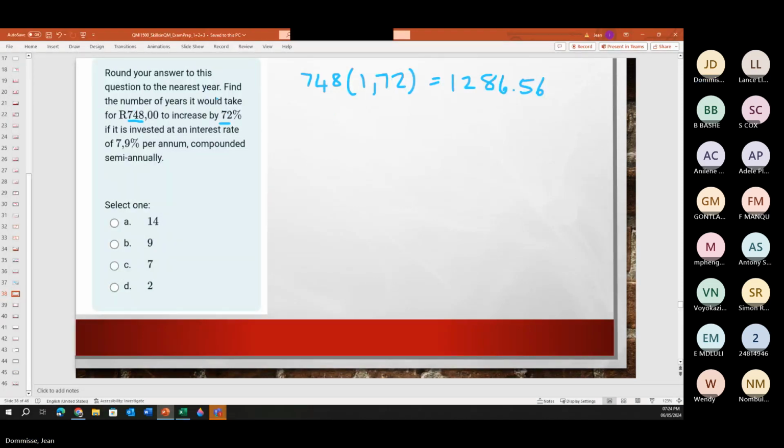Okay, so they tell us to find the number of years it will take the 748 to increase to 1286.56 if an interest rate of 7.9% per annum is compounded semi-annually. So we can look at this formula to work that out.